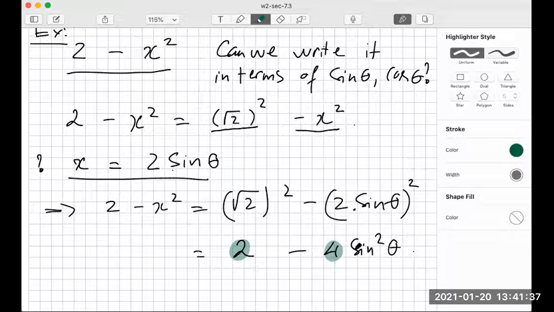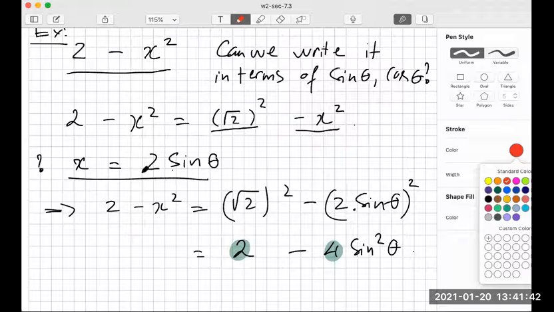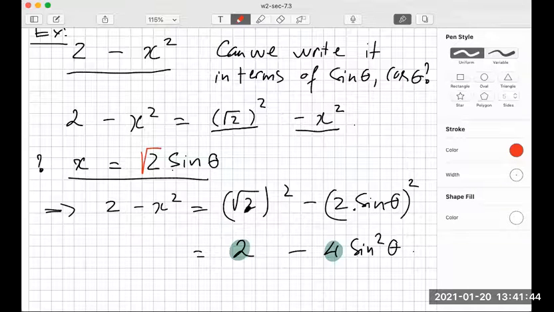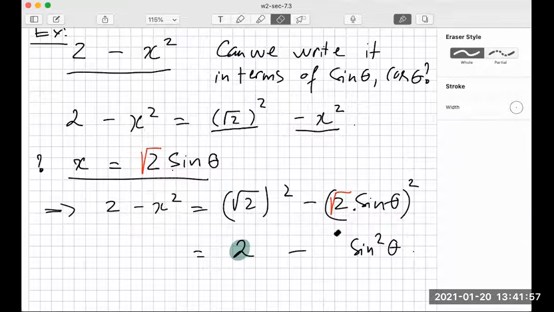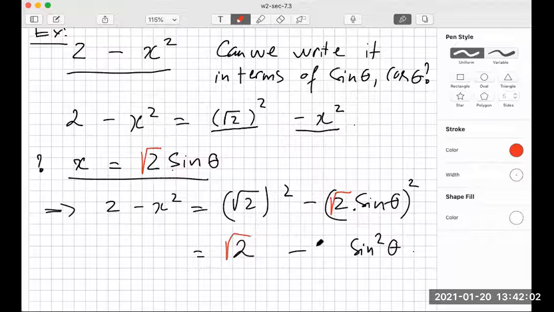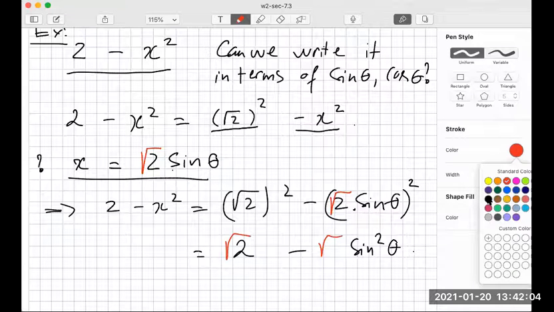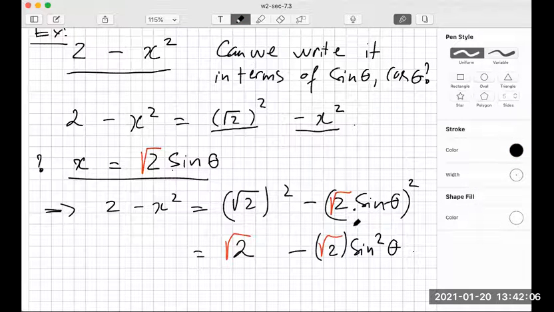So the better choice would be if x is the square root of 2 sine theta, then this will be 2 minus 2 sine squared theta.